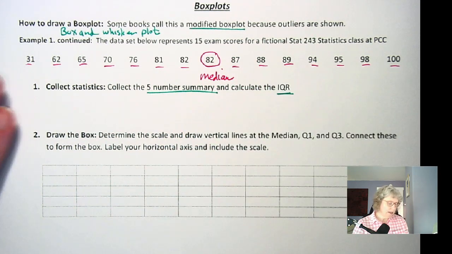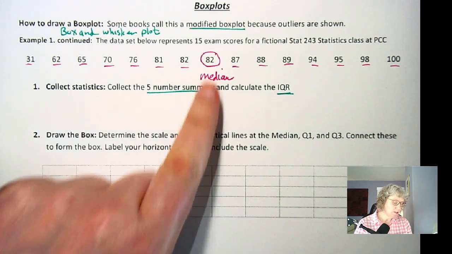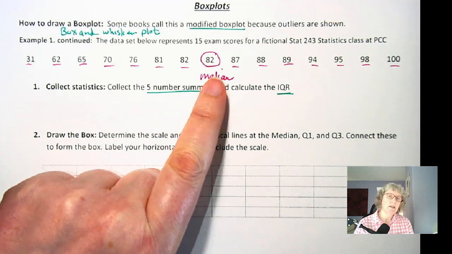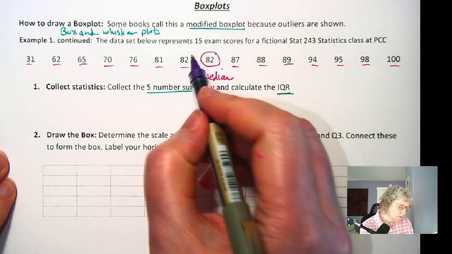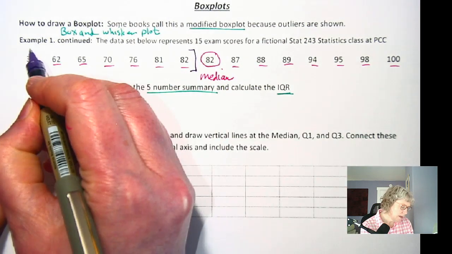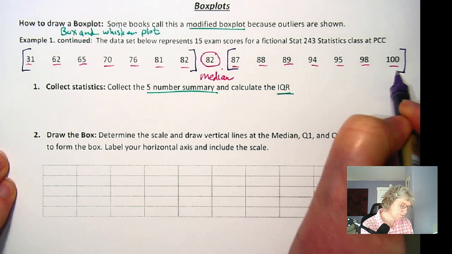So our median is 82. Okay, and this is test score, so points. And then, remember, we don't include the median in our upper and lower halves. So if it's odd, we just leave that point out. If we had an even number, we would split the middle too.